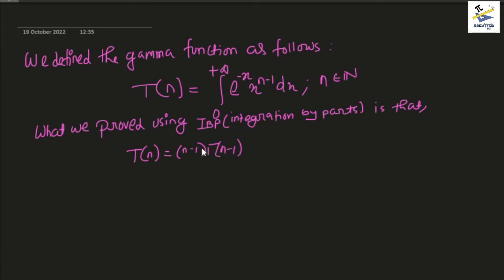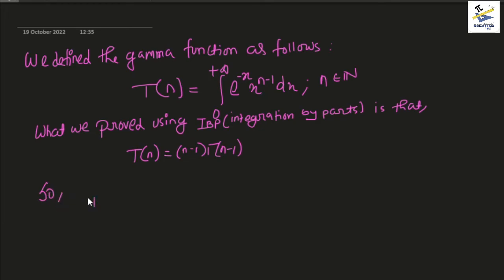So we saw that the gamma function can be defined recursively like that: gamma of n is basically n minus 1 times gamma of n minus 1. Now if you continue this recursion, we will have a systematic way to evaluate the value of gamma n from this recursion. But if we were to continue this recursion, this would end at a certain point where gamma of 0 would be encountered, gamma of 1 would be encountered, right? So it's better that we already find out the value of gamma of 1 beforehand.